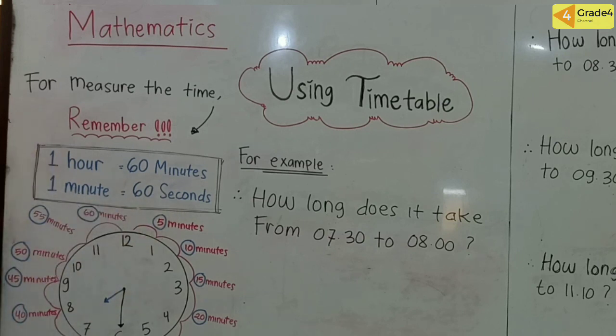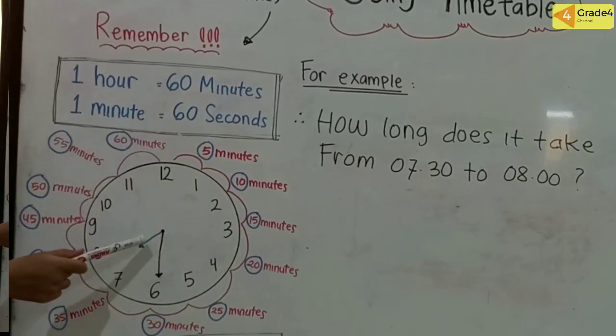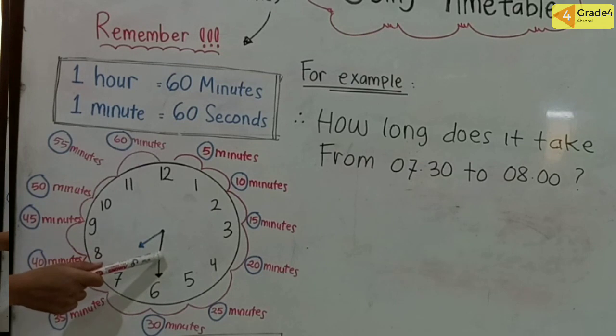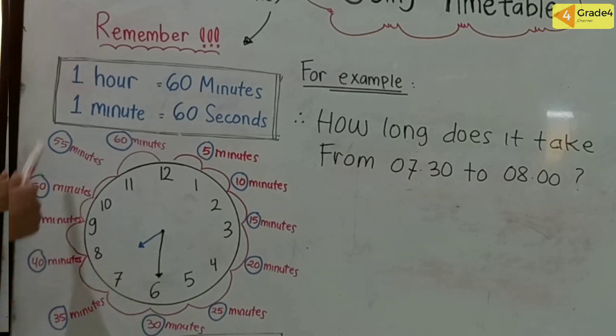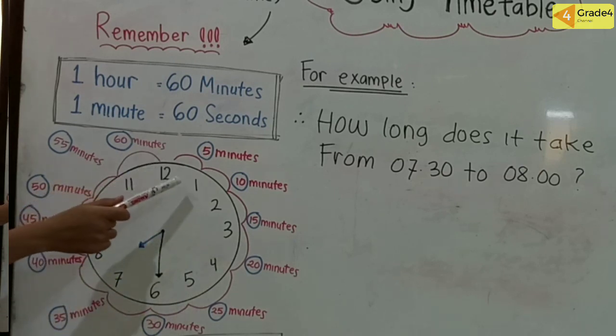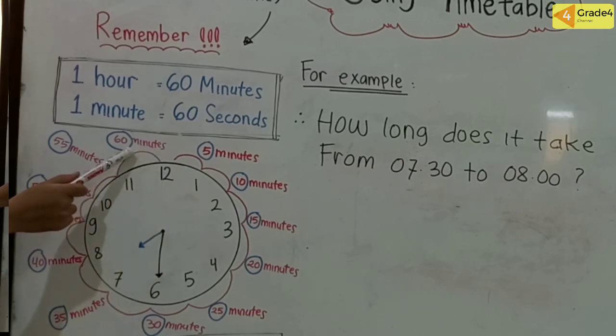You can see on my whiteboard, I have a clock. The clock has two hands, a short hand and a long hand. The short hand shows the hour, and the long hand shows the minutes. One rotation of the long hand from number 1 until 12 is 60 minutes.